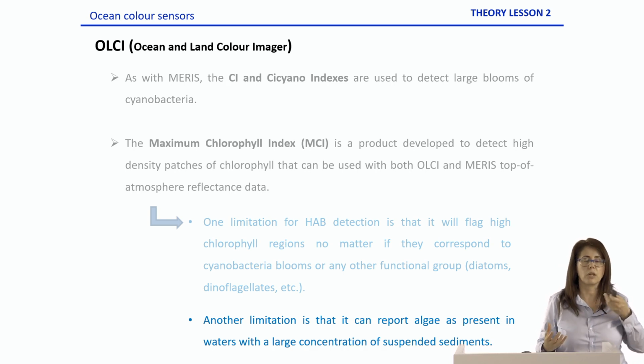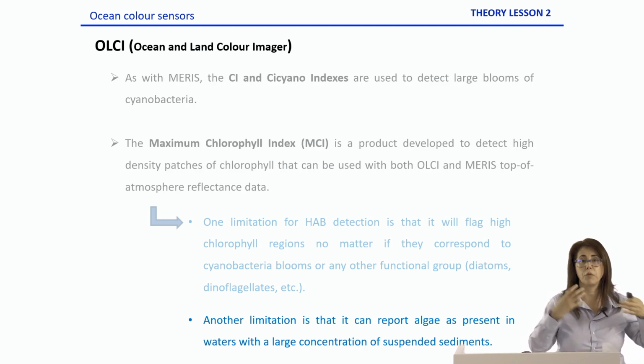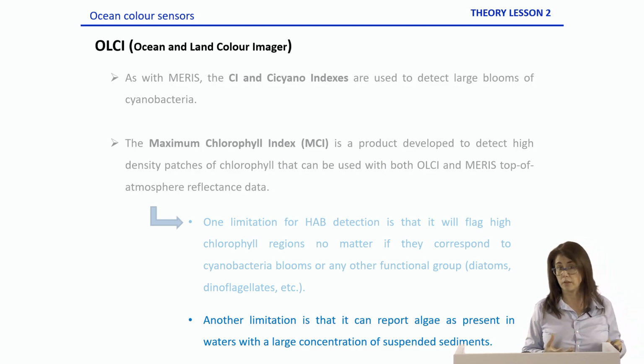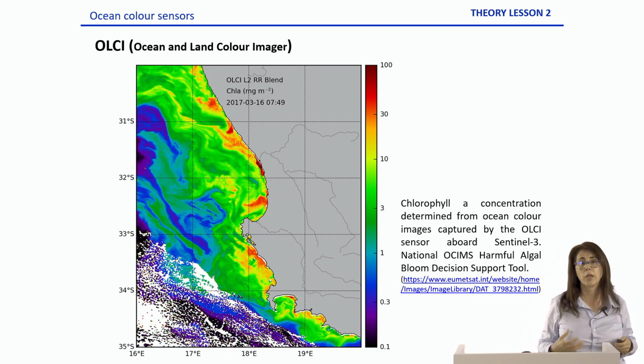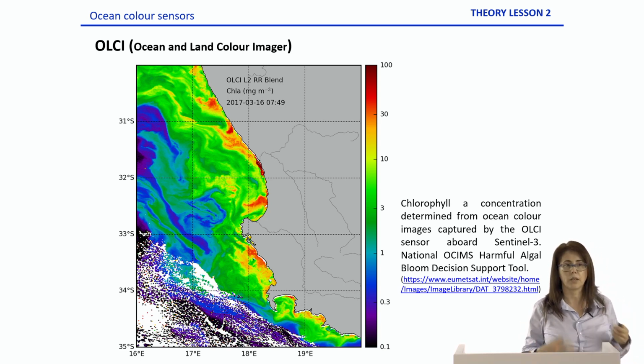This is because the optical properties in some wavebands are similar, so we might think that we are measuring chlorophyll, and in reality what we have is a very large concentration of suspended sediments. But okay, scientists are working on improving retrieval from this data, these kind of problems.